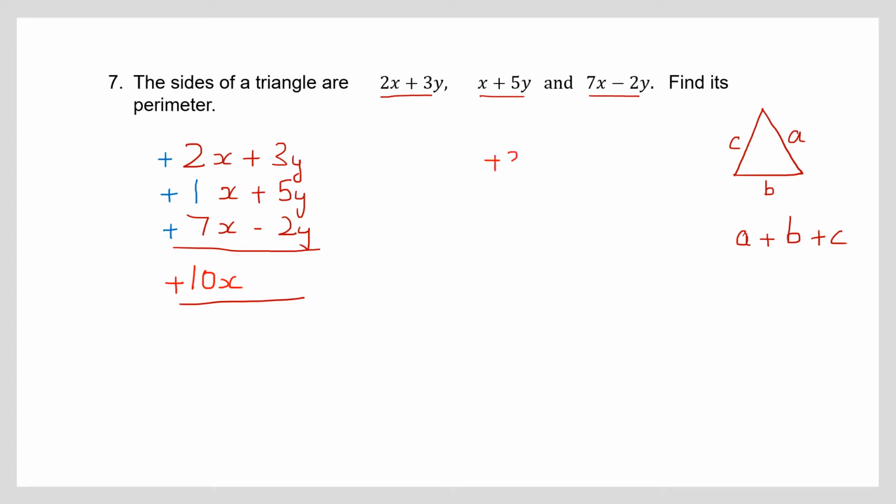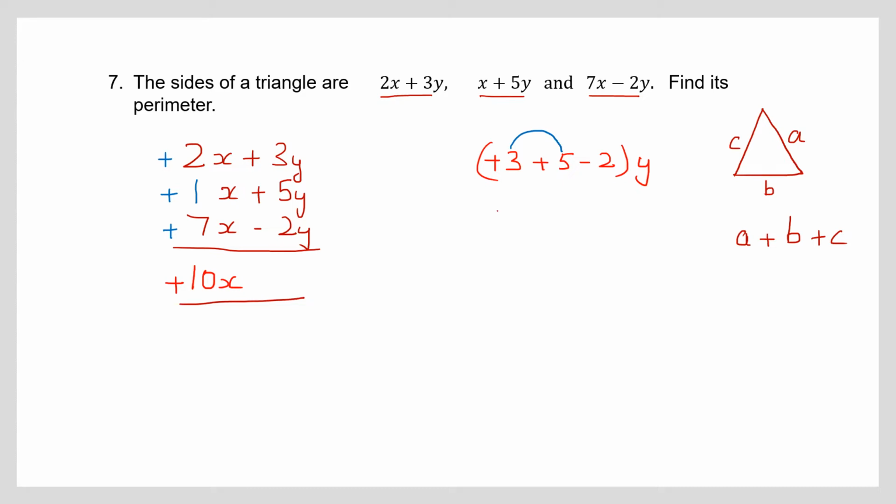So let me write down plus 3, plus 5, minus 2y. All this is y. I have taken only the numerical coefficient. Now I will add up the numbers that have the same sign. These two numbers have the same sign.